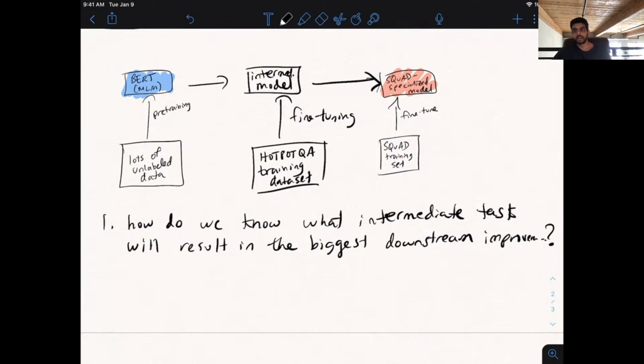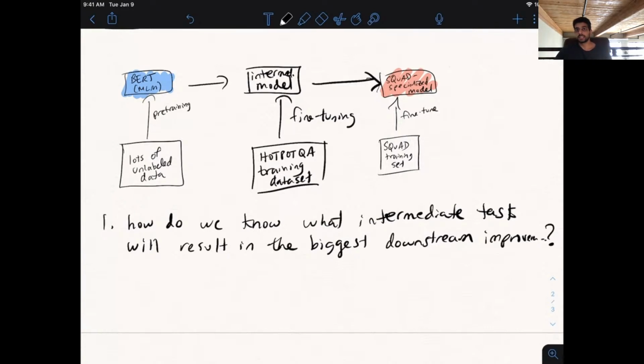Like if I told you that HotpotQA results in like a 5 F1 gain when it's used for intermediate fine-tuning for SQuAD, and doing intermediate fine-tuning on sentiment analysis actually hurts the model and results in like a -10 F1 on SQuAD, you might intuitively think, oh, that's obvious, right? Because HotpotQA is a QA data set.